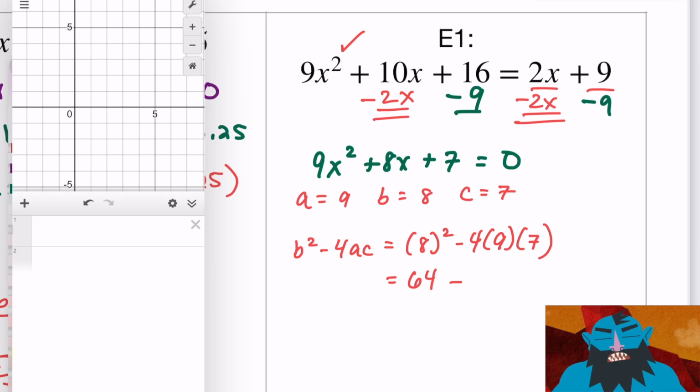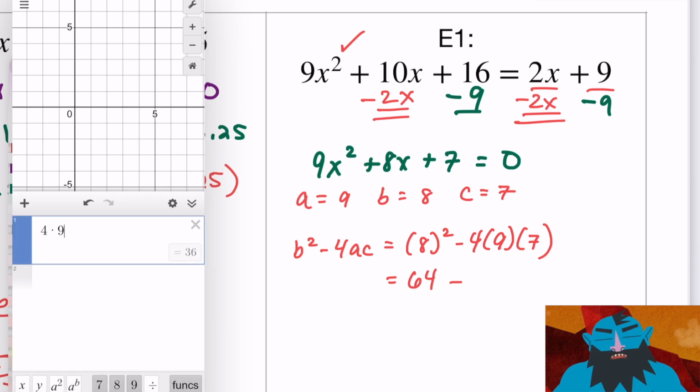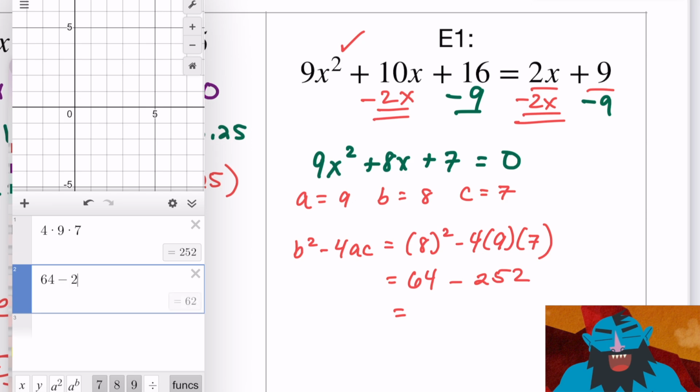Alright, so 4 times 9 times 7. I didn't even deal with the sign because I knew it was going to be a subtraction. Minus 252. And 64 minus 252 is negative 188. I'm going to get two imaginary solutions. I'm going to be square rooting a negative sign.